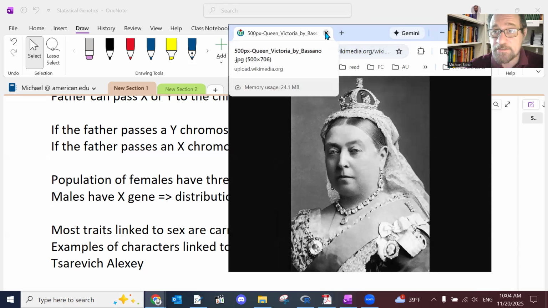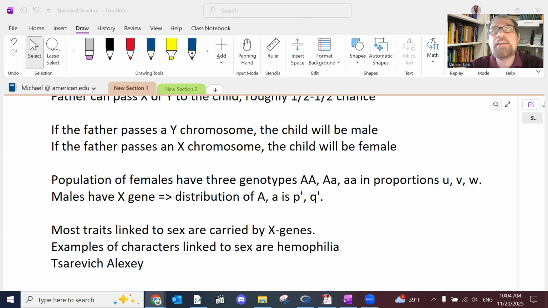And as you understand, in the beginning of the 20th century, more than 100 years ago, it was hard to stop bleeding when the little prince started bleeding, and a person who knew how to stop bleeding, not completely known how, was able to stop bleeding every time for Tsarevich Alexei.